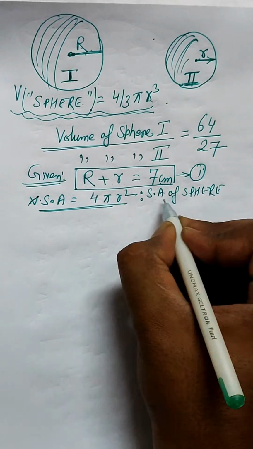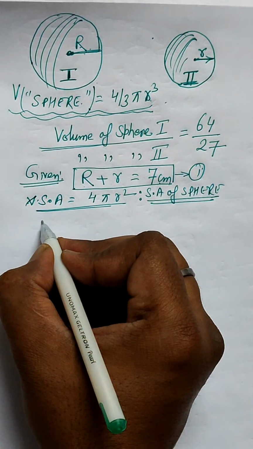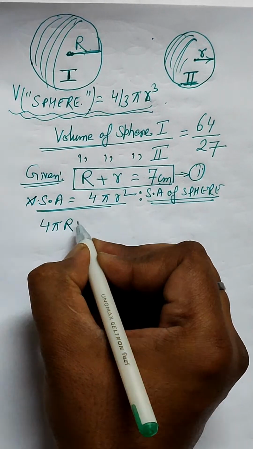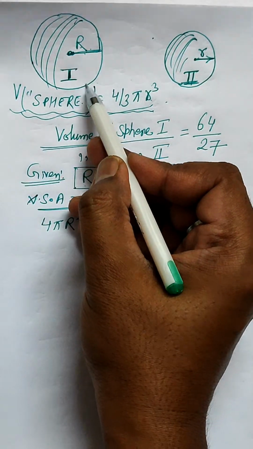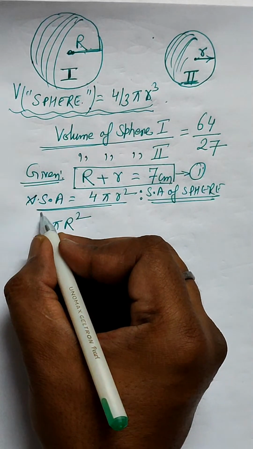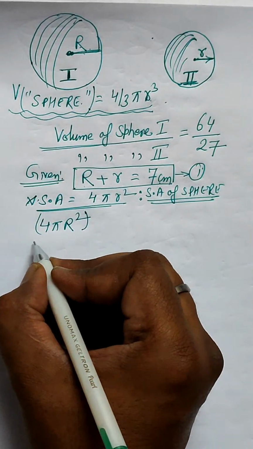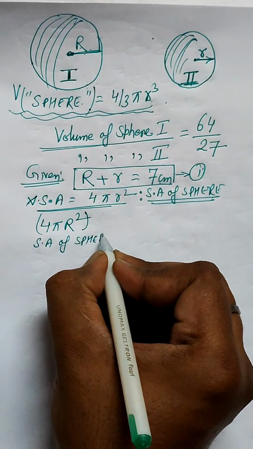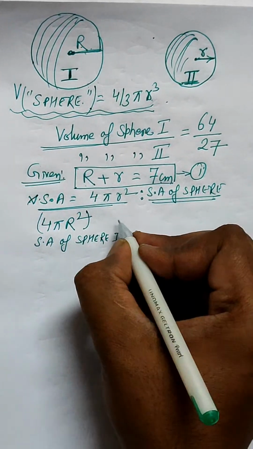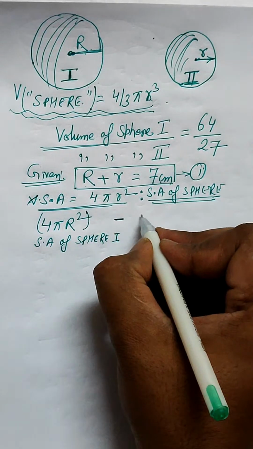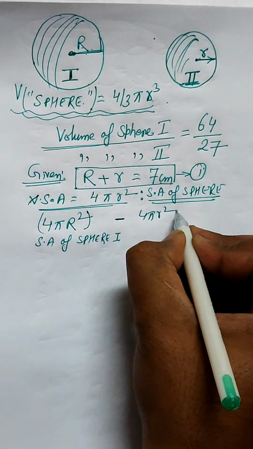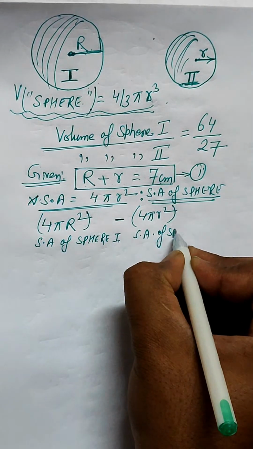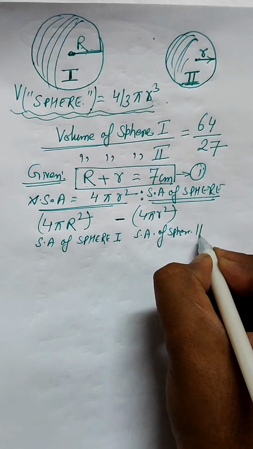And we need to find the value of the difference of the surface areas, that means 4 pi R square, where capital R is for the bigger sphere, so this is the surface area of sphere 1, minus 4 pi small r square, this is the surface area of sphere 2.